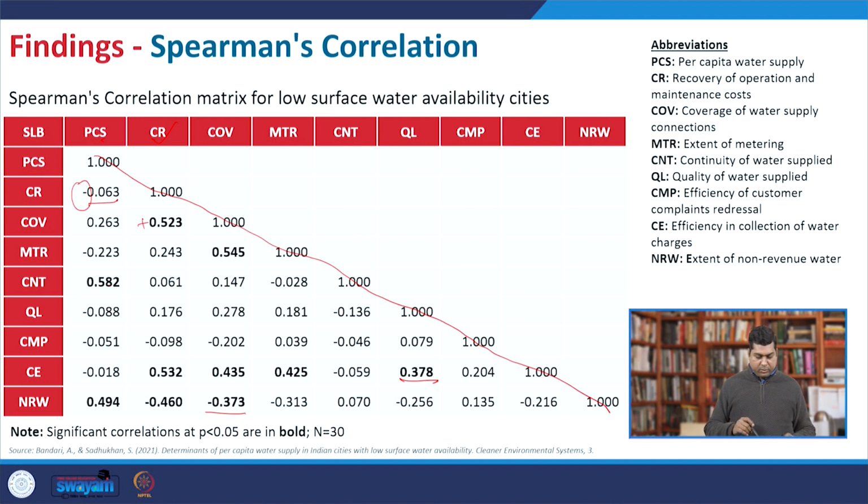Similarly, if you try to find some relationship with the metering, even if it is low, it is minus. So if you impose the metering, probably people will be alert and they will not use much. So the supply can be dropped in that aspect.